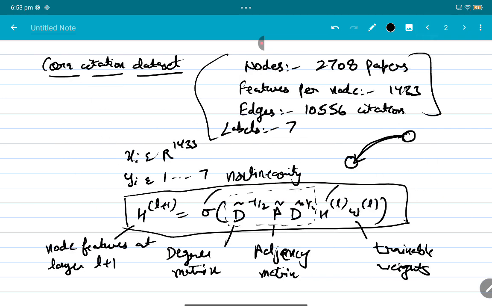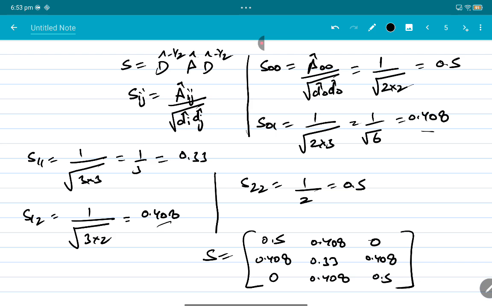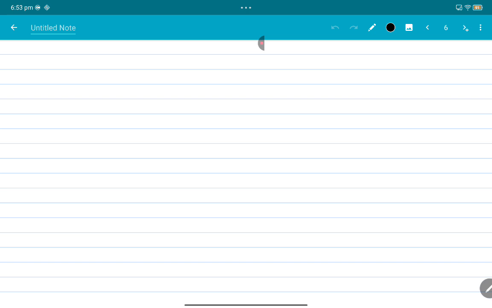Now we need the H matrix and the W matrix. The H matrix, as we have seen earlier, defines the node features. Every node can be represented by a number of features. Let us say it is given by two features only.